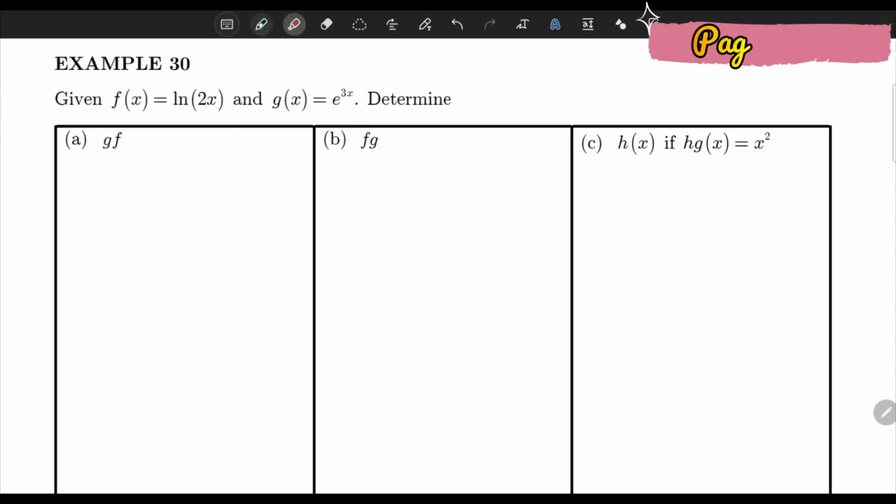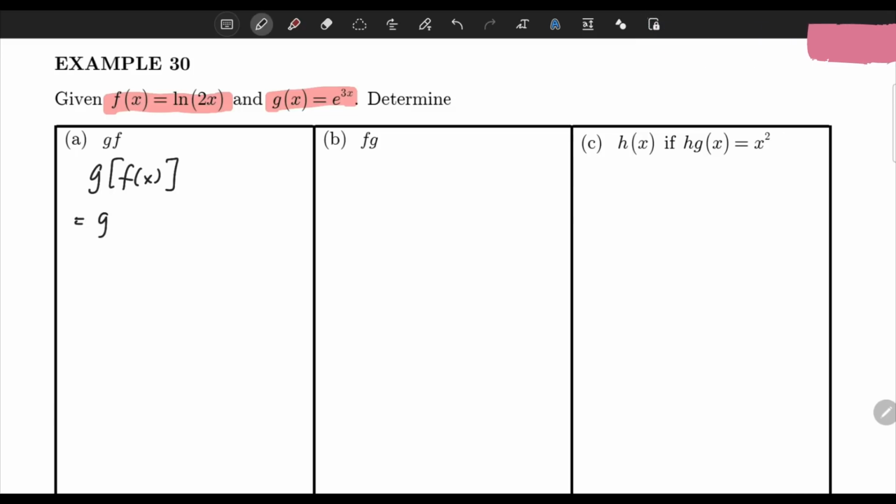Right, example 30. So given that f(x) equal to ln of 2x and g(x) equal to e to the power 3x, determine g of f. So g of f, inside, so substitute your f(x). So that will be ln of 2x. So substitute into g, we get e to the power 3 ln of 2x.